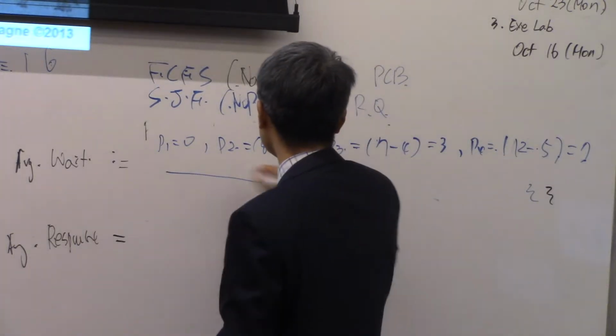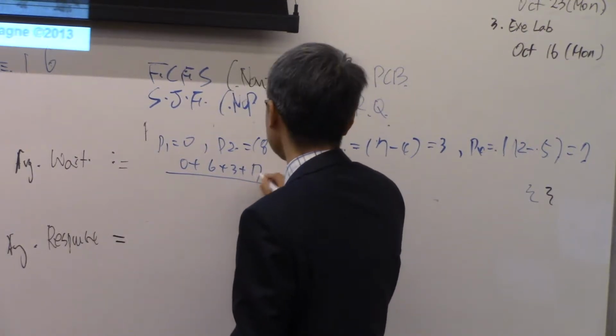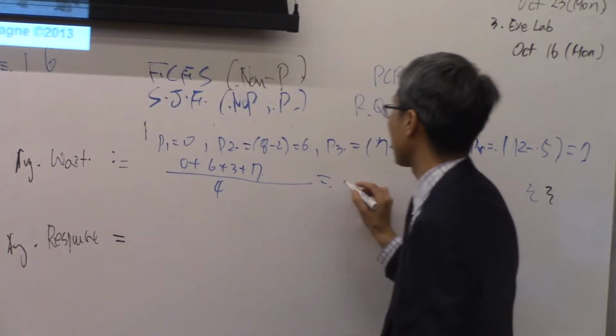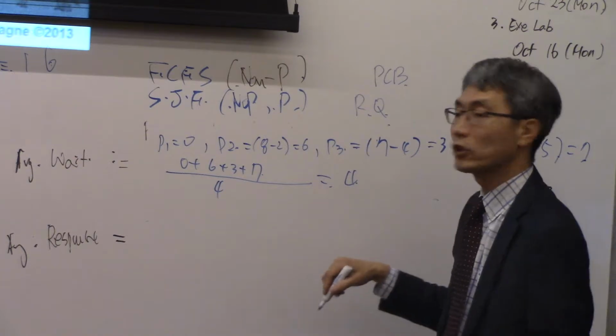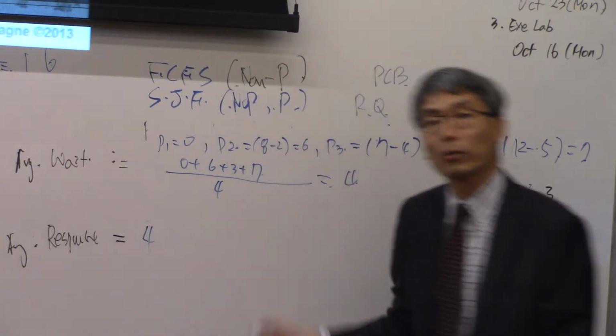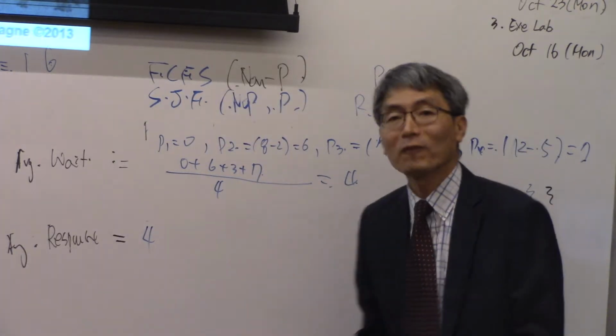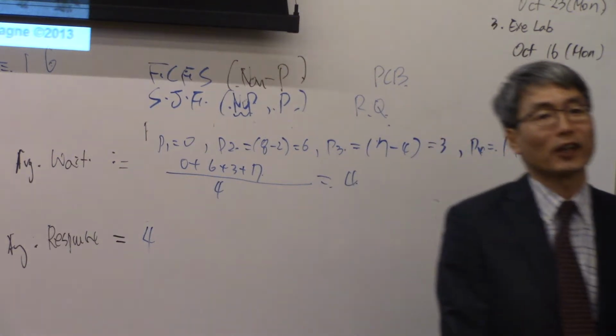So 0 plus 6 plus 3 plus 7, divided by 4, is 4. Average waiting time is 4, and response time is also automatically 4. This is the shortest job first non-preemptive case.